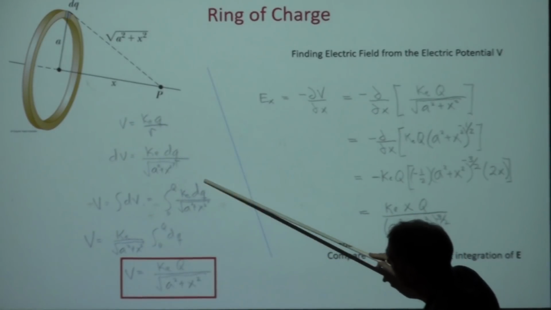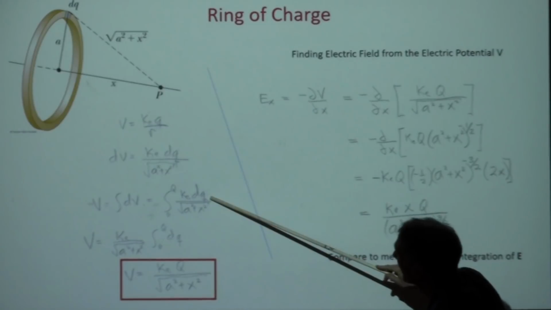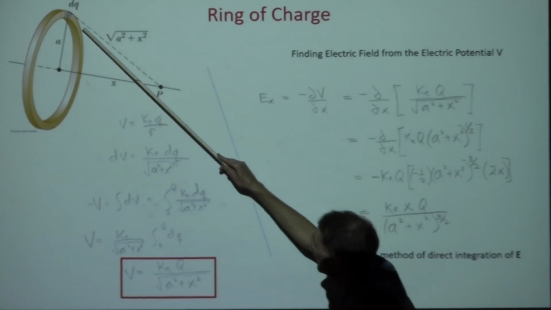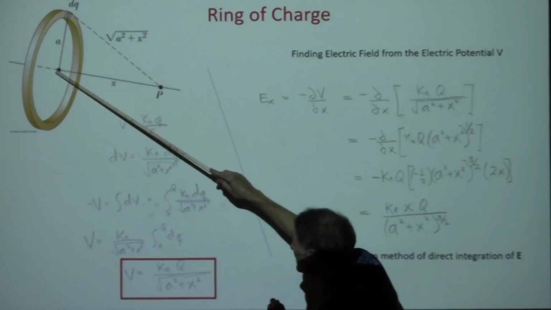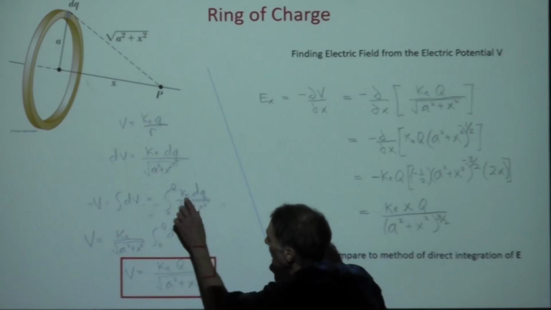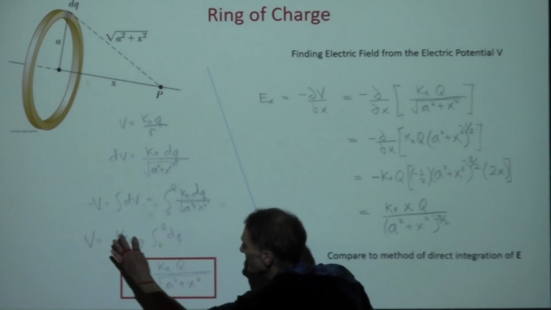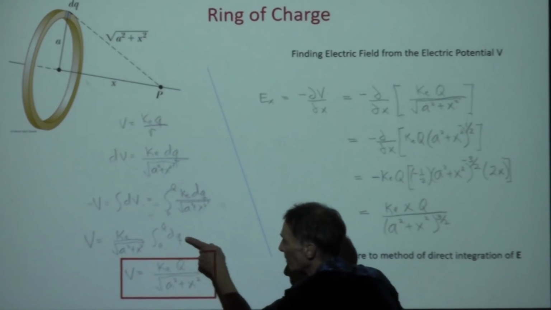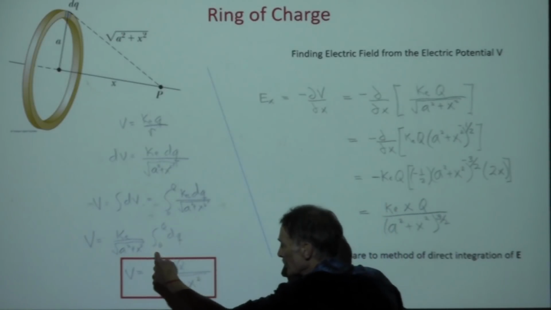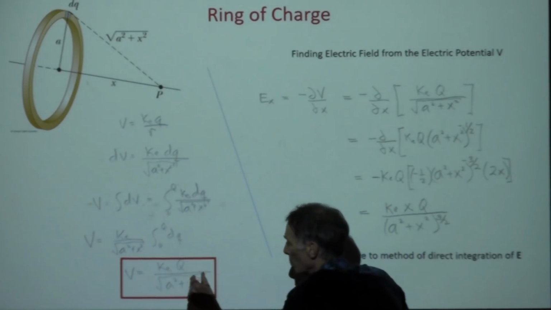We've got a dq. And again, as the argument was before, as far as we're integrating around this thing, x doesn't change, a doesn't change, and so we can take that out. And then we're just integrating dq. And why make life difficult? That's just got to add up to the q of the ring.